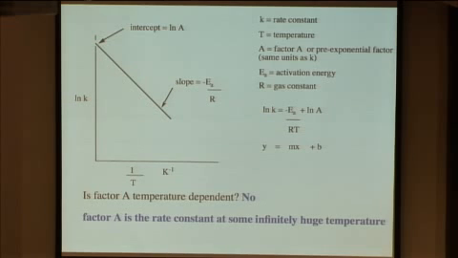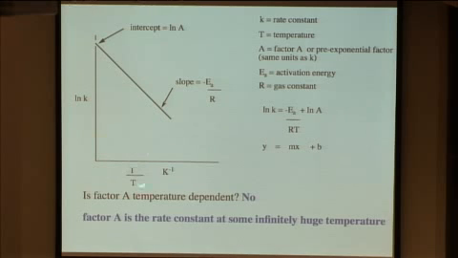So let's think about what factor A is. Factor A is the rate constant at some really, really large temperature. If we look at this plot, the natural log of k equals the natural log of A, or k equals A, if you're along this axis here. If you're along that axis here, that's at 0.